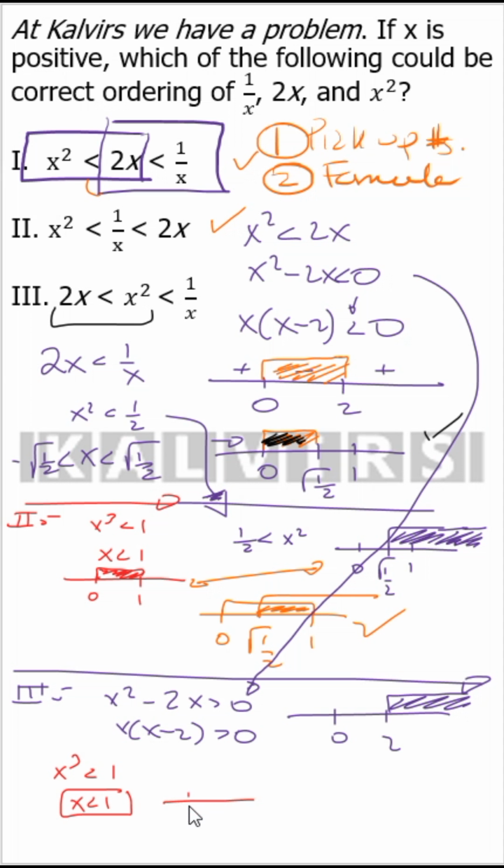So I will draw this: 0 to 1, and then I got it. Is there any intersection for both intervals? No. So the third one is not true. What's the answer? The answer is 1 and 2.